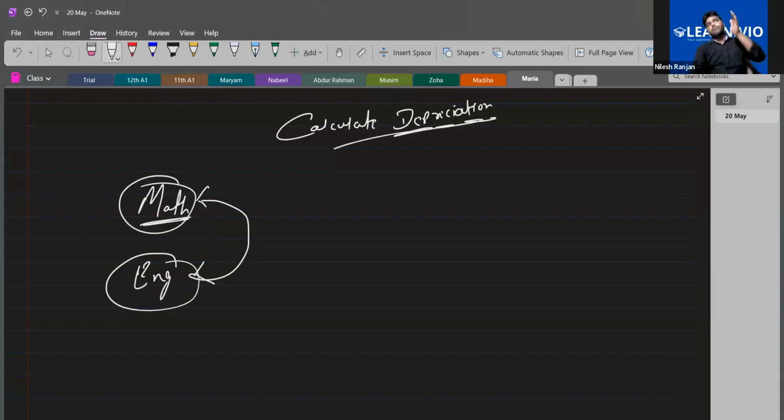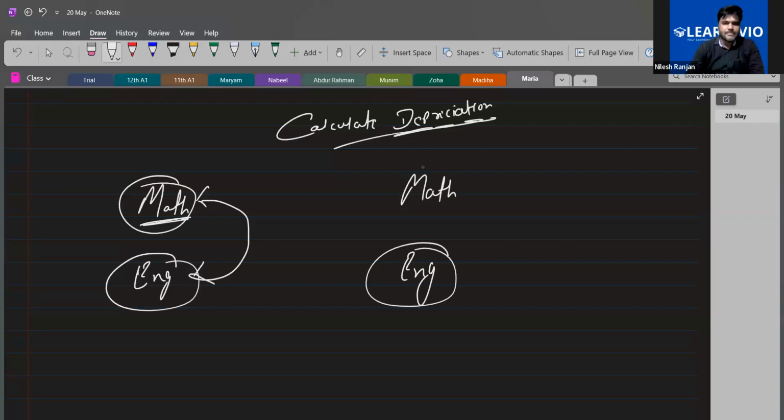No. Can we compare mathematics marks of the same student with his English marks? Yes. Why? Because to compare, you need the same type of subject, mathematics with mathematics, but here we are comparing mathematics with English of the same student.